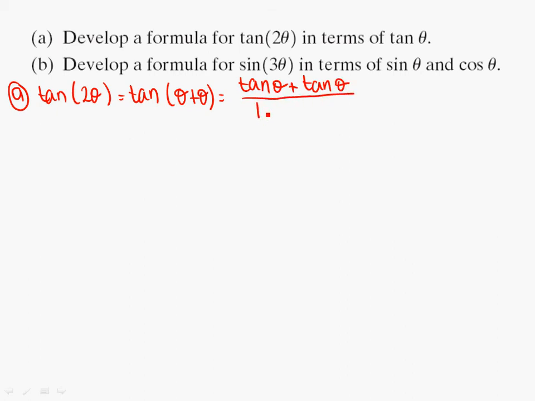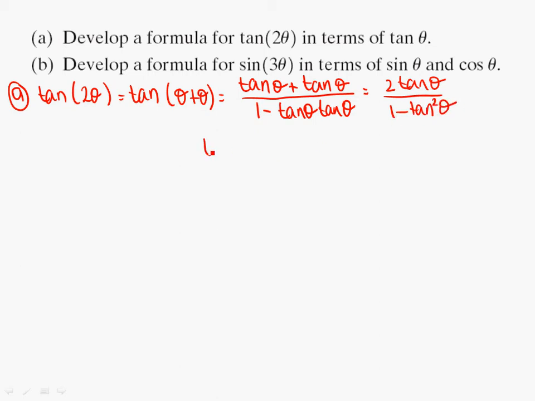And then it's 1 minus, if that's a plus, then that should be the minus, I believe. And it's 1, and that's tangent theta times tangent theta. And when you do this, you get twice the tangent of theta over 1 minus the tangent squared of theta.